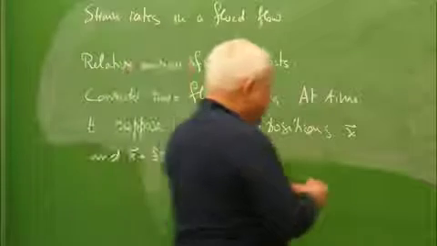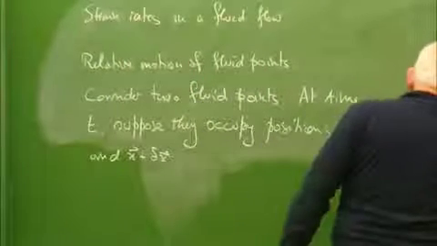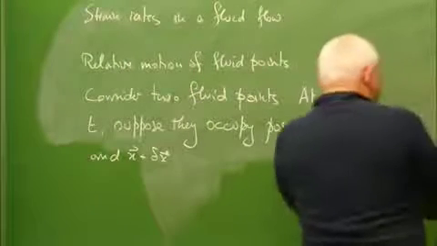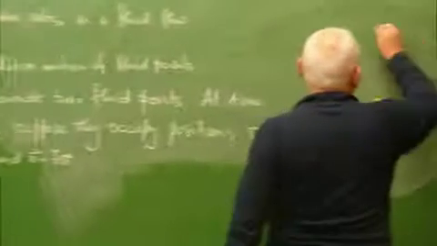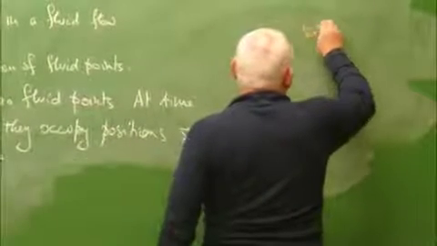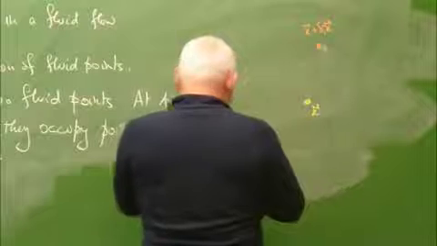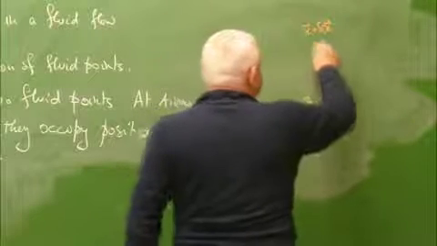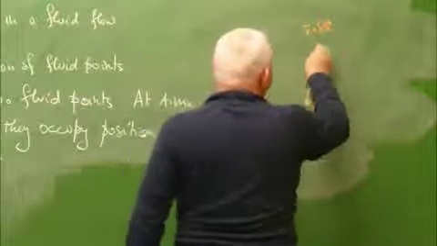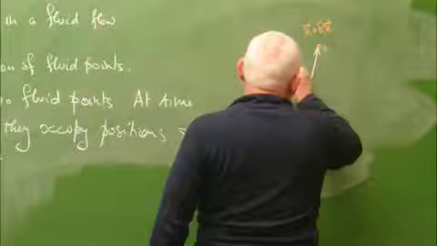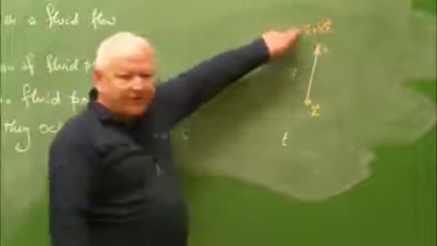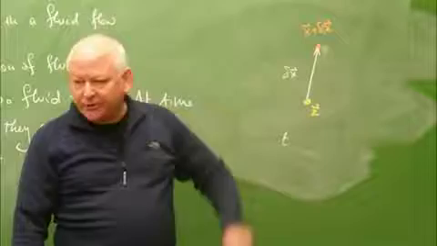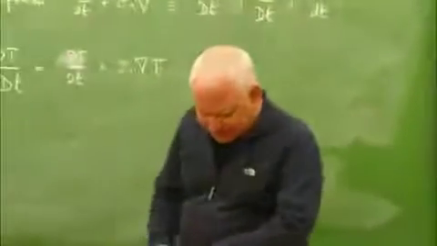So here at time t is my position x. That's delta x. That means that these two points can be joined by a vector. That vector will be the difference of the coordinates of the final point and the initial point, and that gives me the vector delta x.